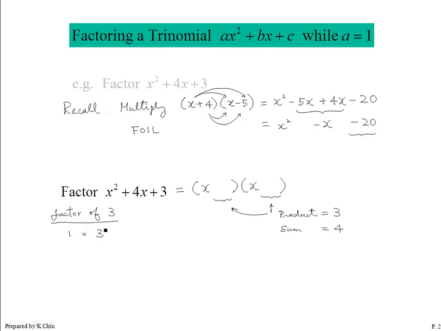Indeed, that is the only possible pair. 1 times 3 is equal to 3. How about adding them together? Would that equal 4? Yes. This is the only pair, and this is the right pair. So I can bring it here, plus 1 and plus 3, like this.